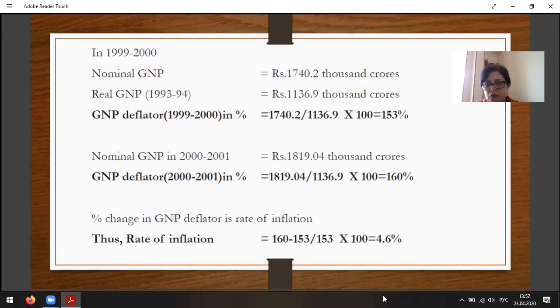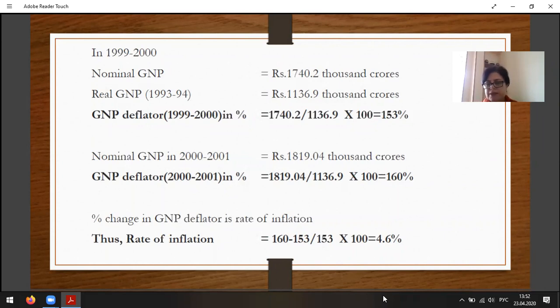If the amount of nominal GDP, say, increased to 1,819,000, and you have the value of the previous real GDP, then by finding the ratio between the current nominal GNP value, 1,819, to the real value, because we use this year as the base year, 1,136.9, and multiplying the result by 100, the new figure is 160.